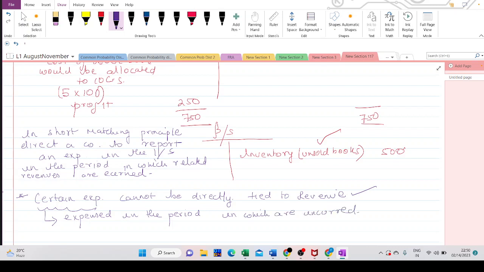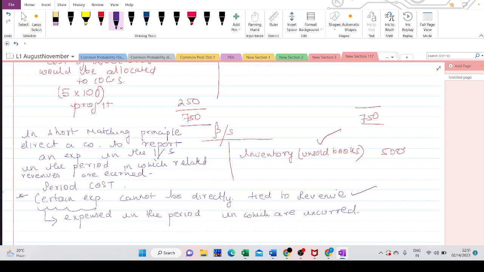Now, these costs are not directly tied to revenue, so they are expensed in the period in which they are incurred, and such costs are known as period costs.